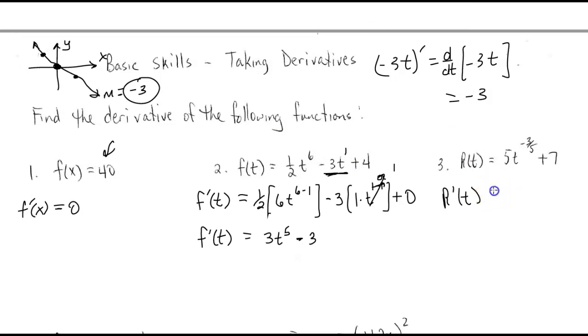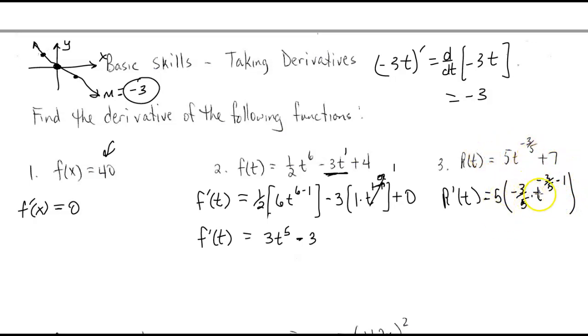So let me clean this up. So this will be 5 times -3/5 times t raised to the -3/5 minus 1, because we're doing the power rule.